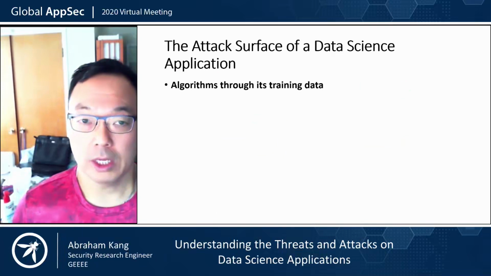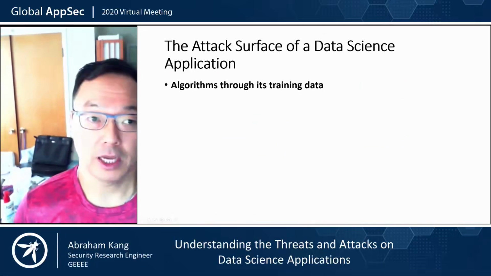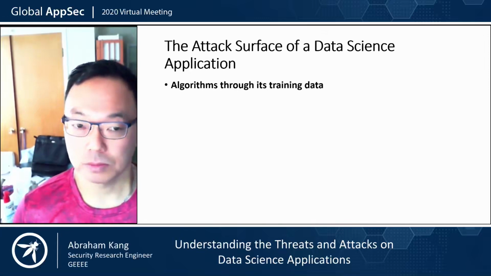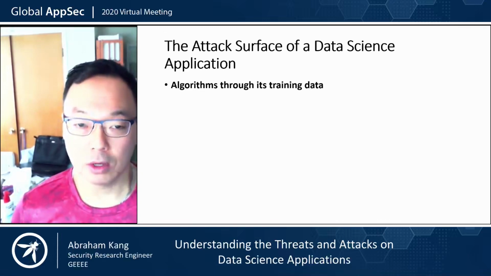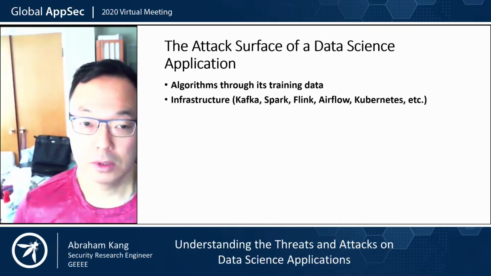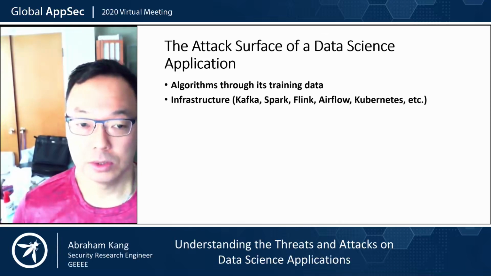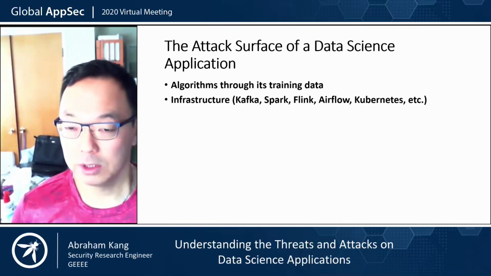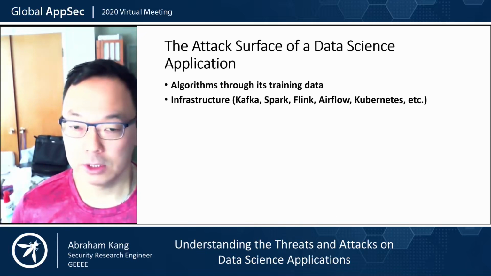So when we talk about attacking a data science application and its attack surface, the first thing that typically is looked at is attacking the algorithms through their training data. The next thing is the infrastructure of that data science application: the Kafka, Spark, Flink, Airflow, and Kubernetes components that make it up.